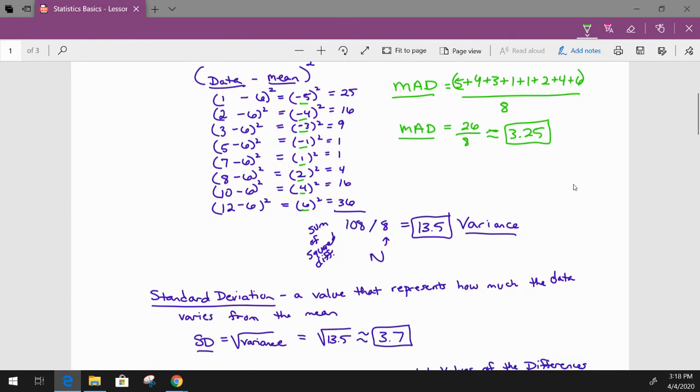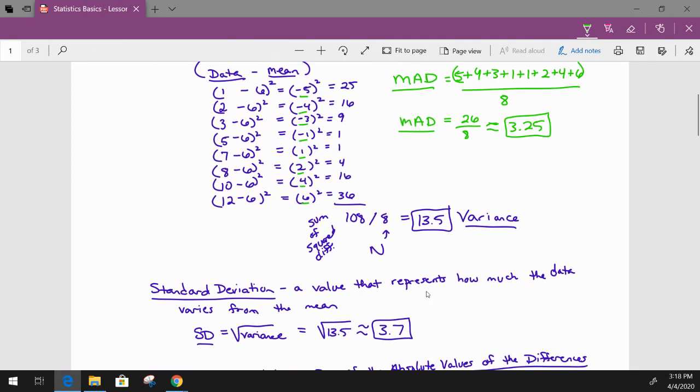So your standard deviation was 3.7. Your mean average deviation is 3.25. Those numbers do tend to be very close to each other, but one is a little bit easier to find than the other, and there are different uses for different things.